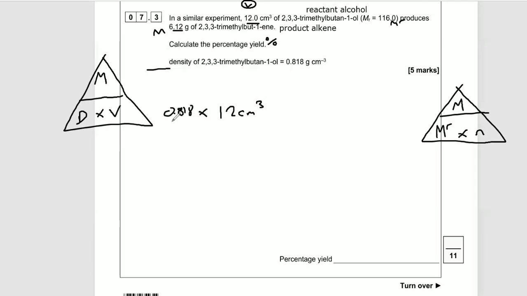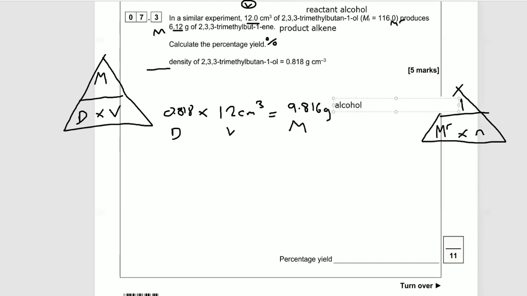That's why you have to know this equation off by heart. 0.818 times 12, and that is going to give us the mass of our reactant alcohol that we are actually starting with. And that works out as 9.816 grams.